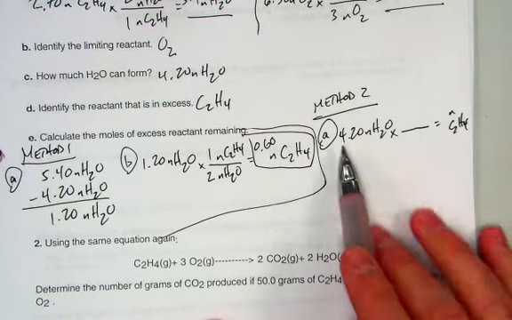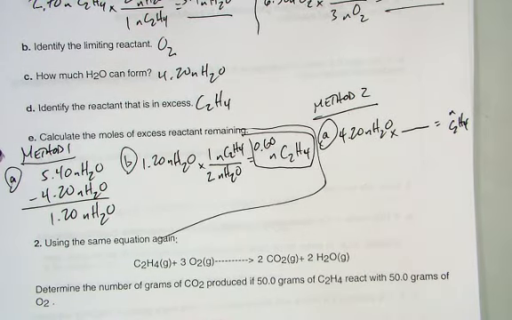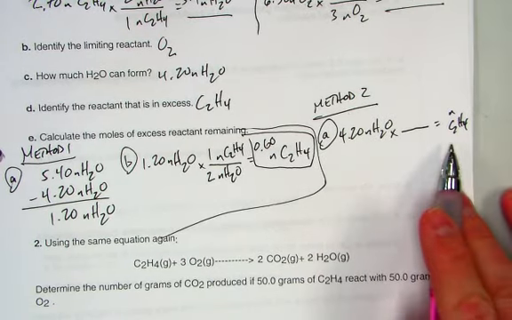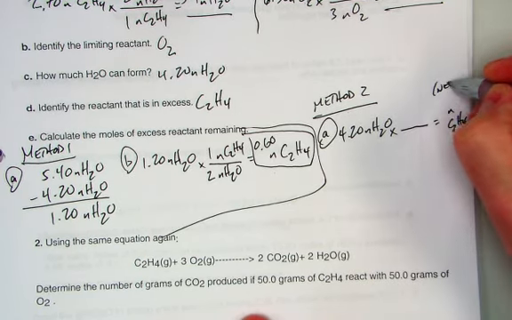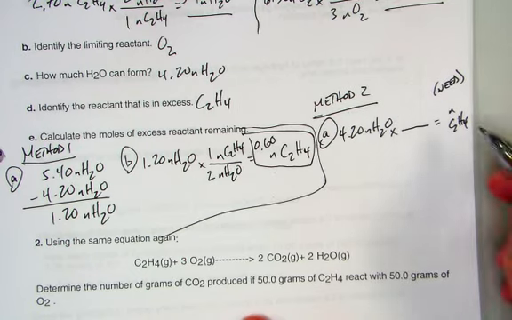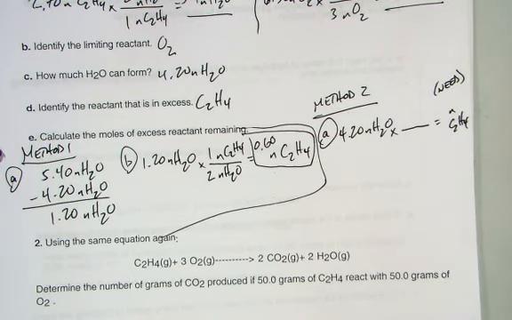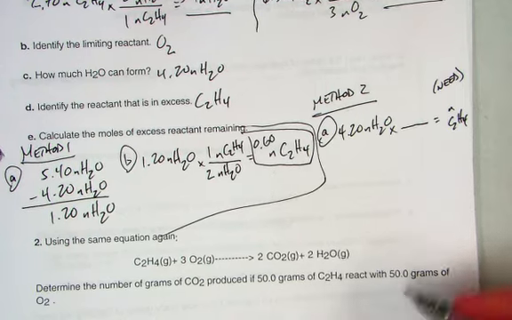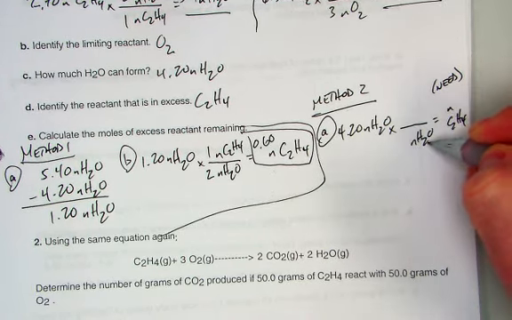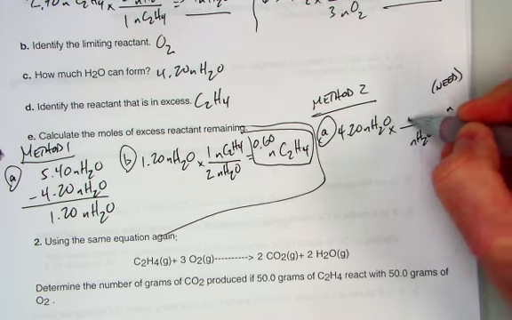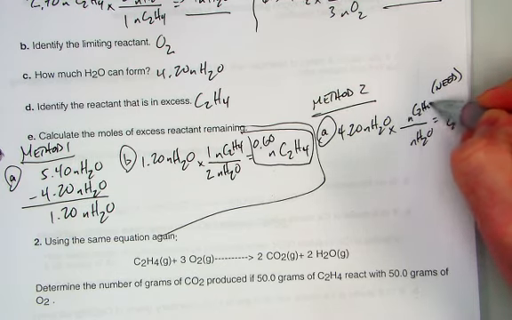Okay, we can only make 4.2 moles of it, and we know the amount of C2H4, our excess reactant, we know we have too much of that. So what we're going to calculate is how much C2H4 we actually need. We know we have more than we need, so I want to figure out how much we actually do need. So you're going to put 4.2, moles of H2O on the bottom, and then moles of C2H4 on the top.